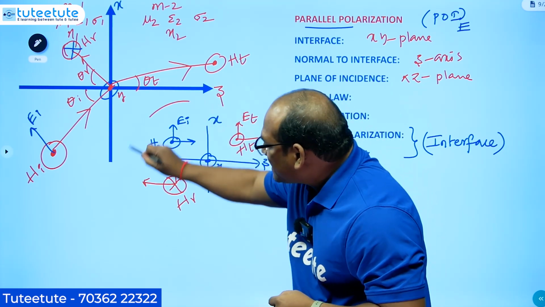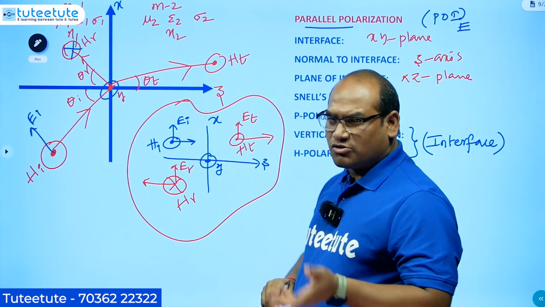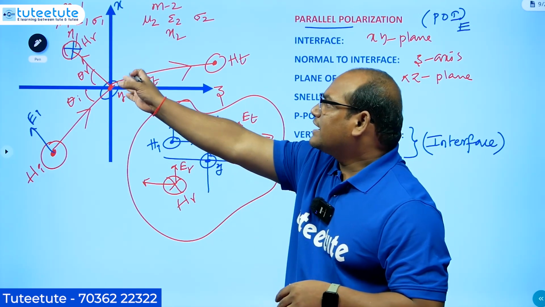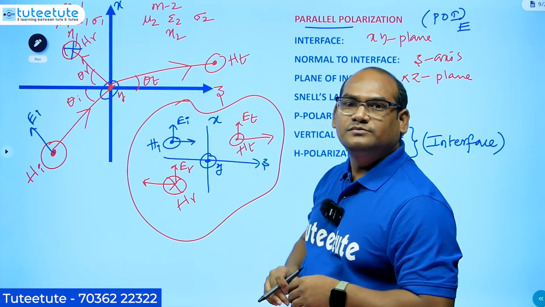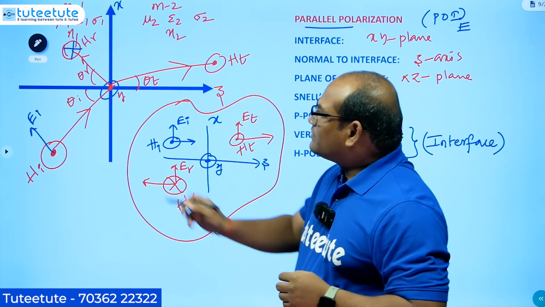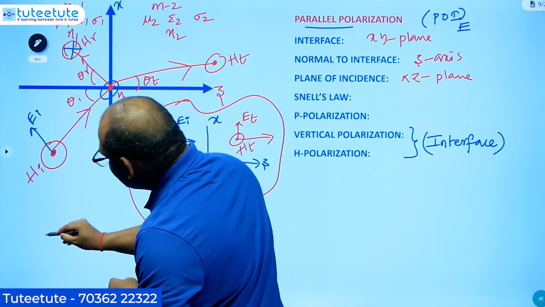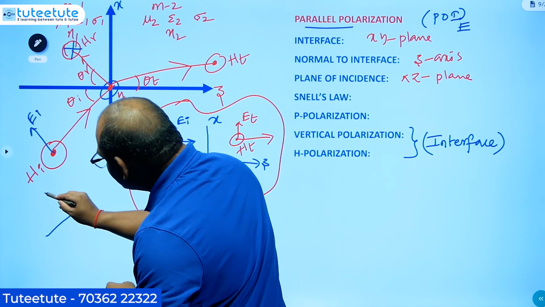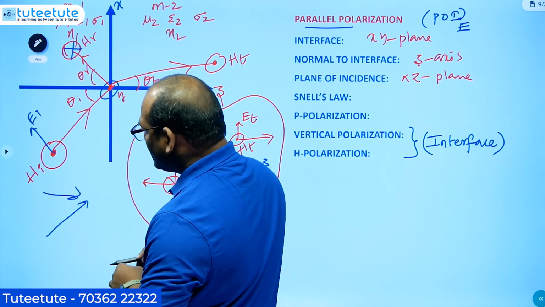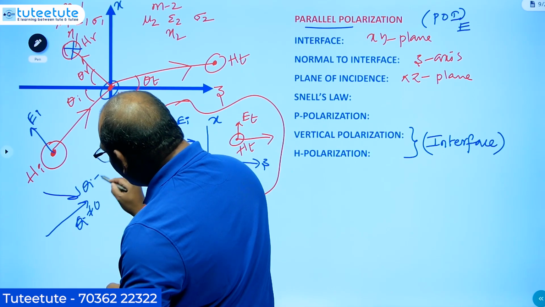So to get this particular structure with theta equal to 0, how can we make this? Just by taking the angle of incidence equal to 0. If you make theta 0, what will happen? Instead of incident like this, we have to incident like this. Here theta I is not equal to 0, but here theta I should be equal to 0.